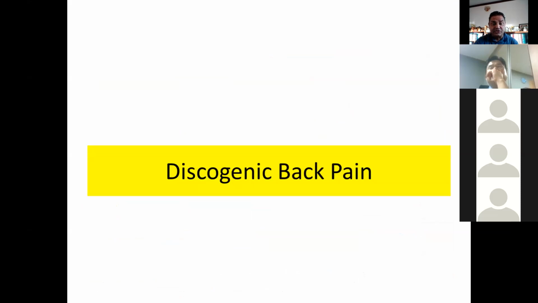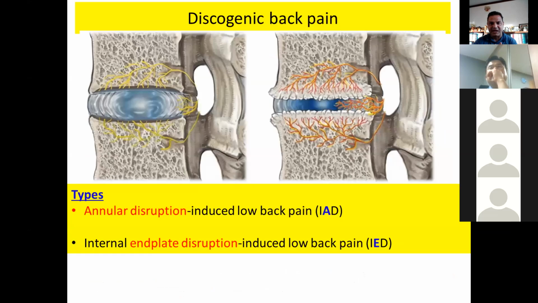So let's talk one by one about how this is treated endoscopically. Discogenic back pain can be divided into two parts. One, the pain arising from the annulus, that is annular disruption induced low back pain, and the other from end plate disruption. One is from the sinovertebral nerve, the other is from the basivertebral nerve.